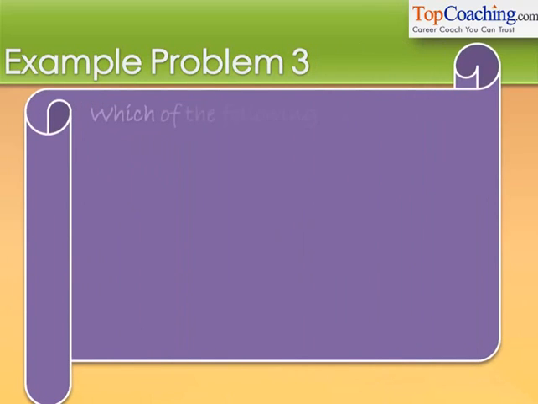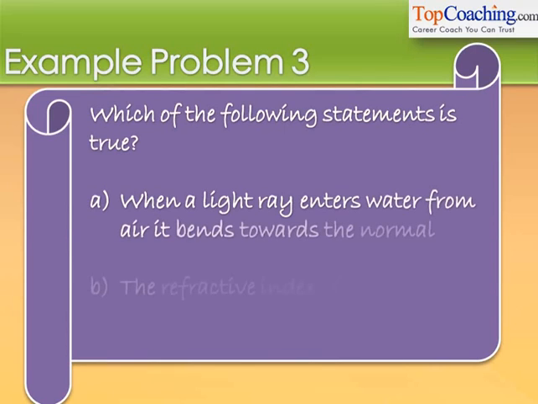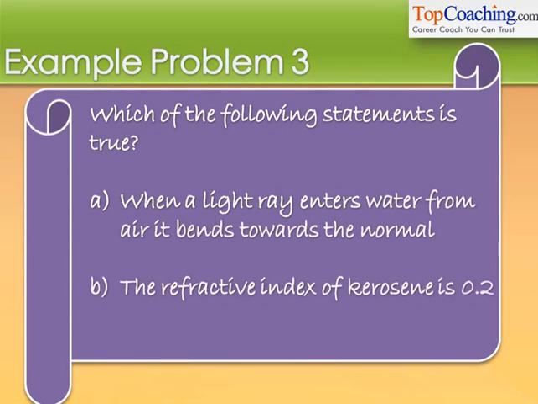Here's the first option. When a light ray enters water from air, it bends towards the normal. Now clearly, this option is correct. You see, air is an optically rarer medium and water is an optically denser medium, isn't it? Water has a higher refractive index compared to air. Its refractive index is 1.33 while the refractive index of air is 1.